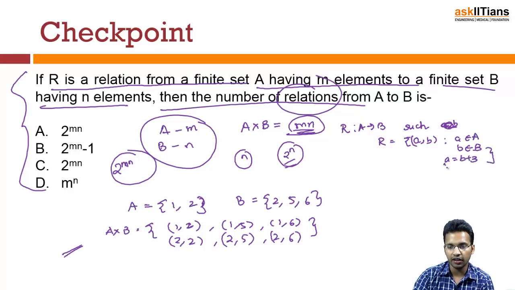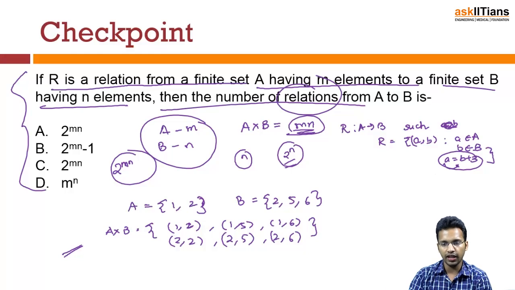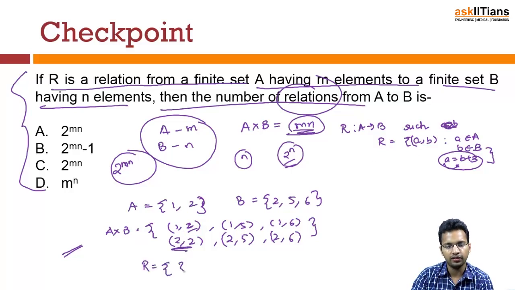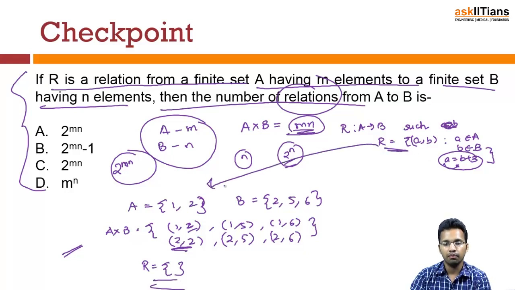I am relating a and b by a rule. Now if we figure it out, in all the elements b is greater, except this one. So this relation will be a null set. Although we are applying this relation on these two sets, there is no element which satisfies it.